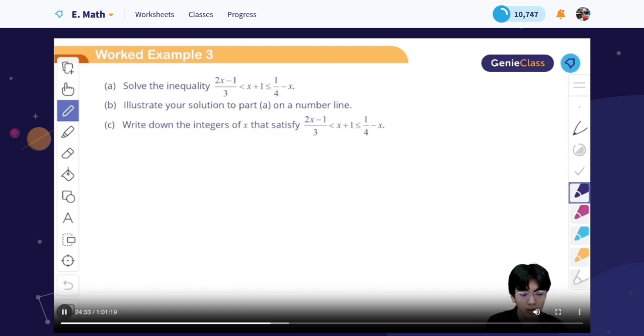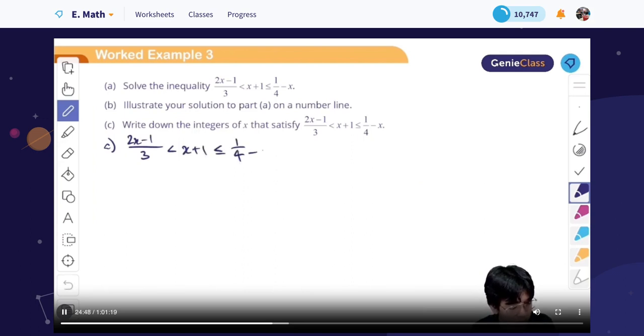First things first, copy down the question: (2x minus 1) over 3 less than x plus 1 less than or equal to 1/4 minus x. So what's the first thing we need to do? We need to split into two different inequalities.